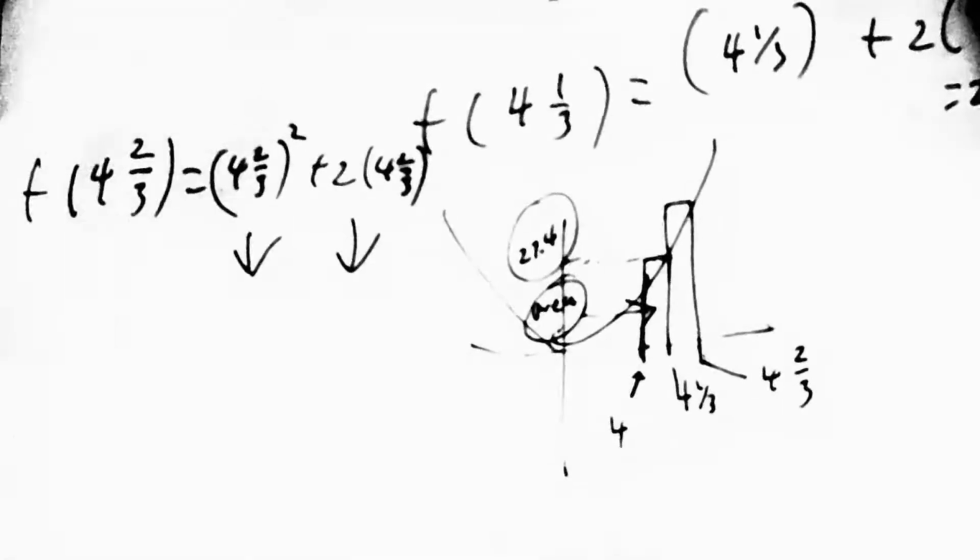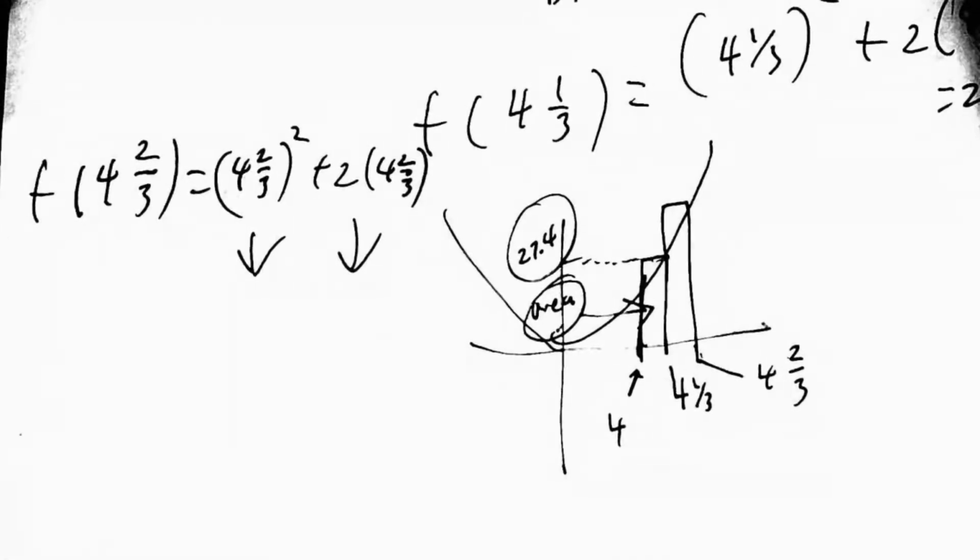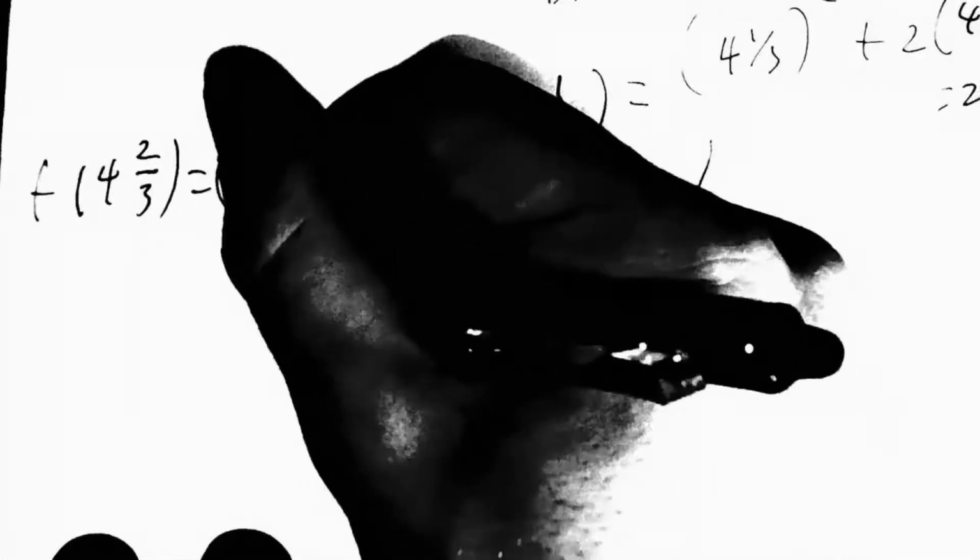And so what that becomes, I'll do it on the calculator, 4.66 squared, that's 21.7 plus 2 times 4.66 is roughly, together this becomes 31 roughly.